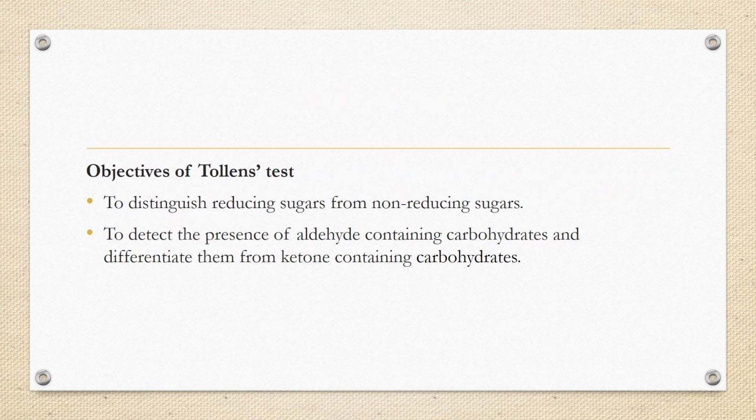The objectives of Tollen's test. Firstly, to distinguish reducing sugars from non-reducing sugars, and the basic thing is to detect the presence of aldehyde containing carbohydrates and differentiate them from ketone containing carbohydrates.